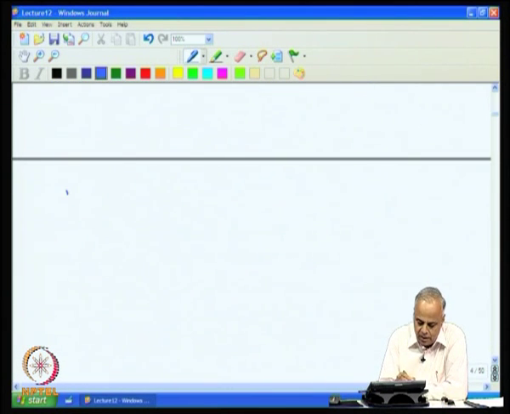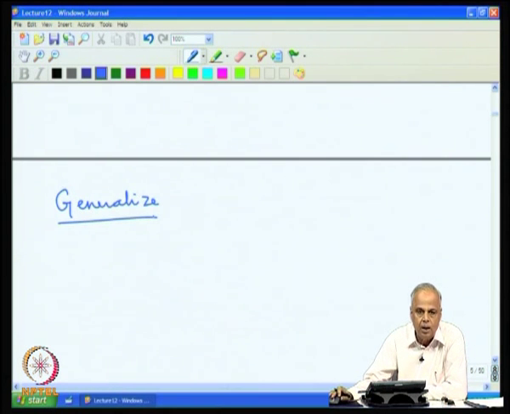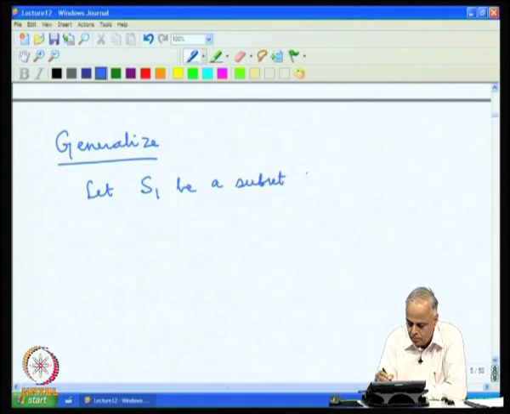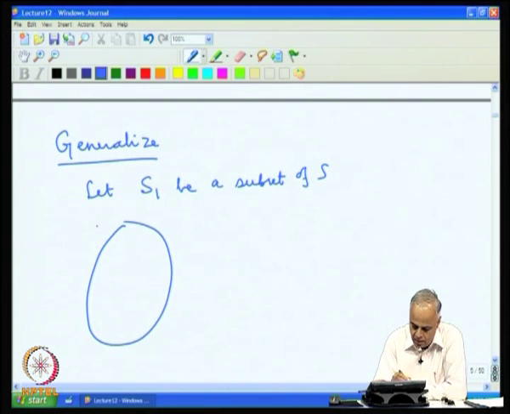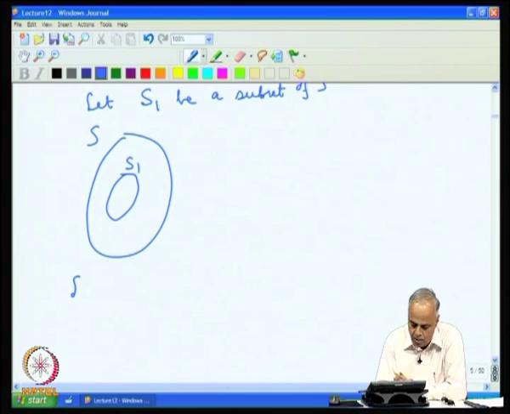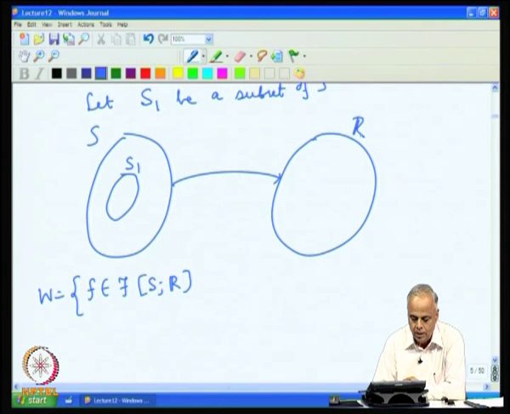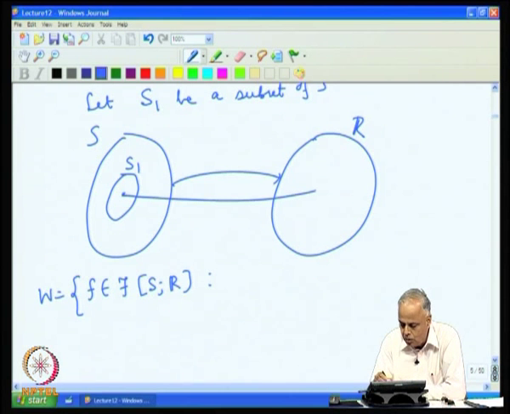Now, we can generalize this. We can replace the point S naught by a subset of S. So, let S 1 be a subset of S. So, we have S and we have a subset S 1 inside that, and then we look at all the functions which map S to R such that if you take any point inside this S 1, it must go to 0.